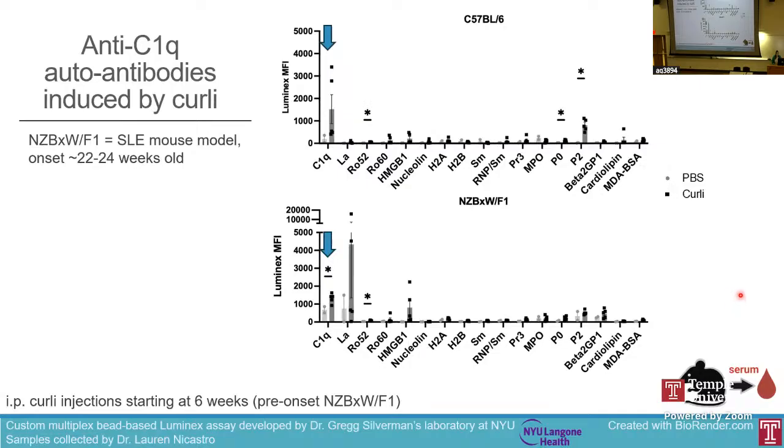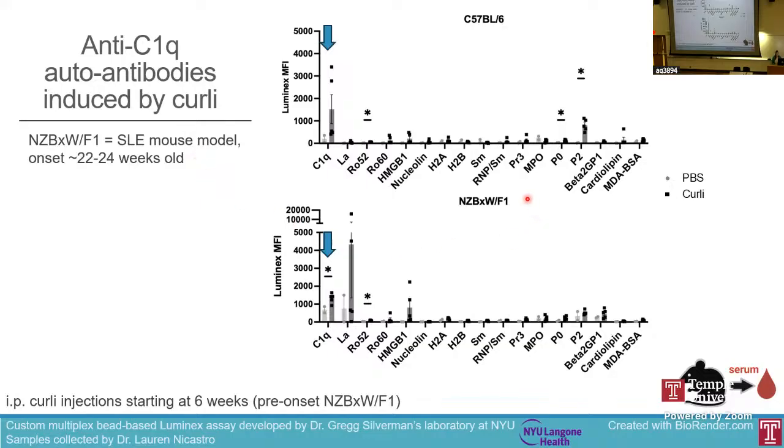So to start out, we sent serum from either Black 6 wild-type mice or NZBW mice, which are a lupus model, so they get the same sort of symptoms that humans get in lupus. They get those autoantibodies.